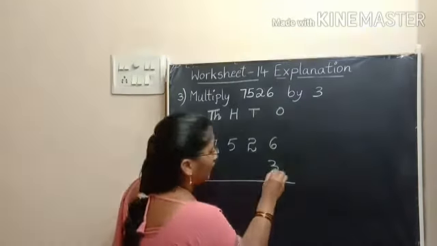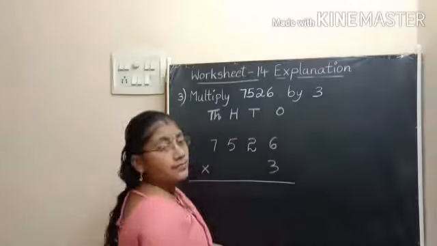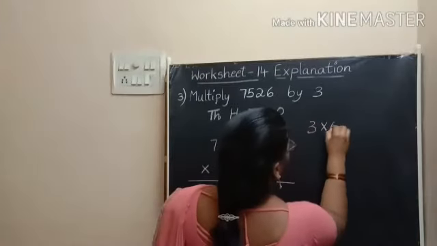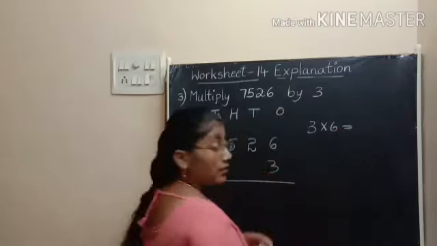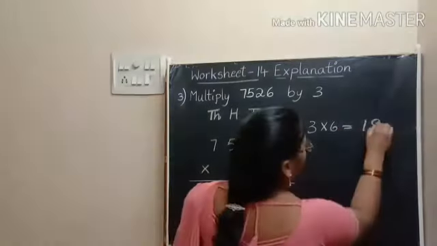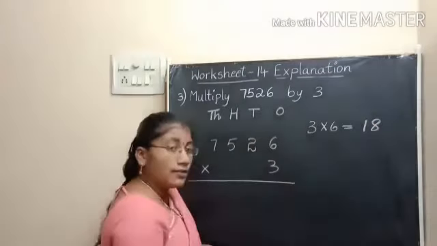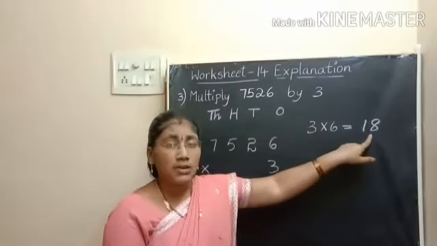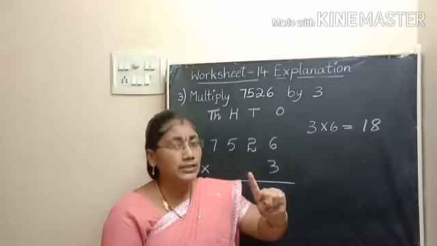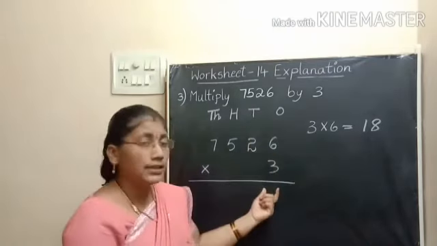So, we should take 3 into 6. How much is it? 3 sixes are 18. We get a 2 digit number as result. But we need only a single digit to write as result here.